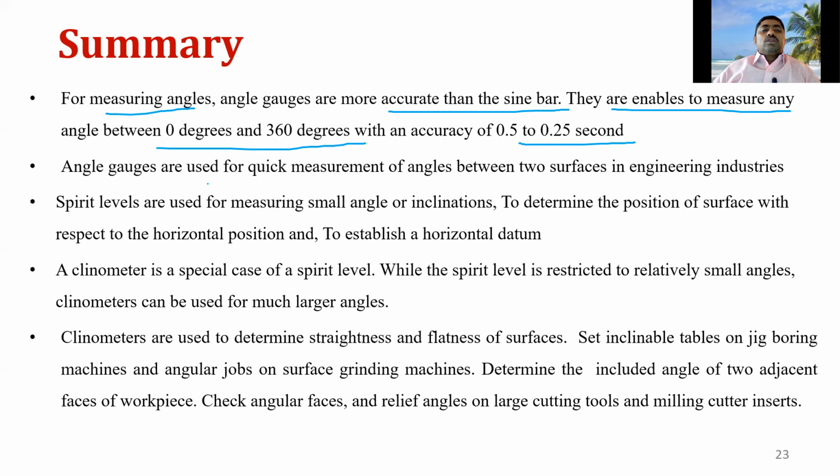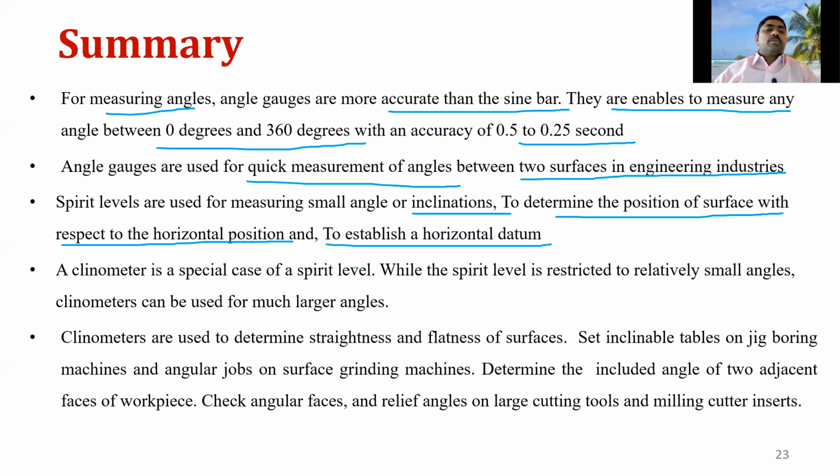Angle gauges are used for quick measurement of the angles between two surfaces in engineering industries. Spirit levels are used for measuring small angles or inclinations to determine the position of a surface with respect to the horizontal position, and also to establish a horizontal datum.